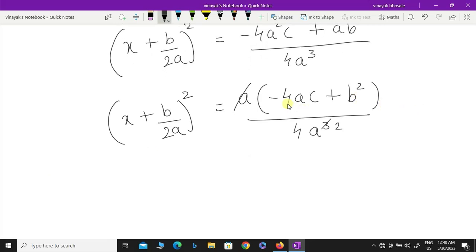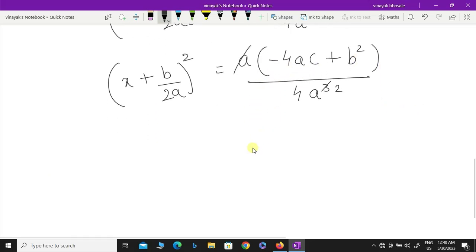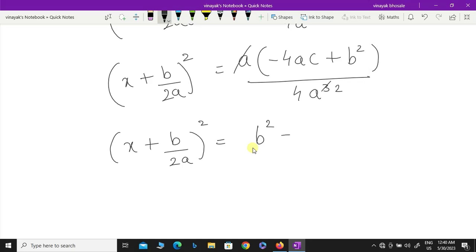I'm just gonna do a little bit of rearrangement to this term. So it's gonna be x plus b by 2a whole squared equals, I'll write b squared first. So b squared minus 4ac divided by 4a squared. Okay, and now I'm going to shift this square to the right hand side. So when you shift the square to the right hand side, it becomes a square root.